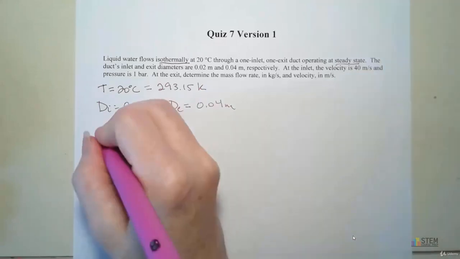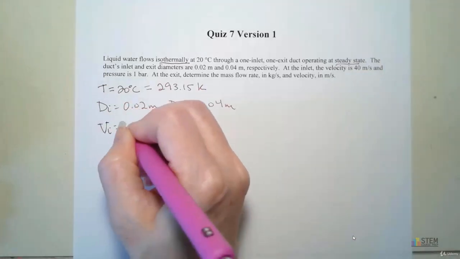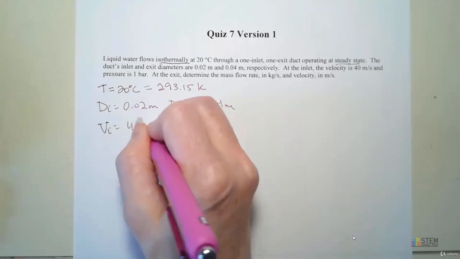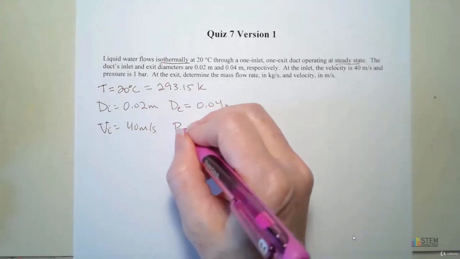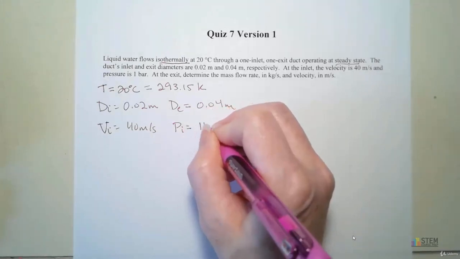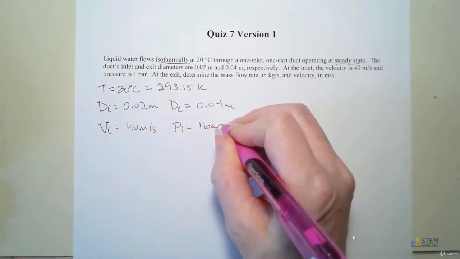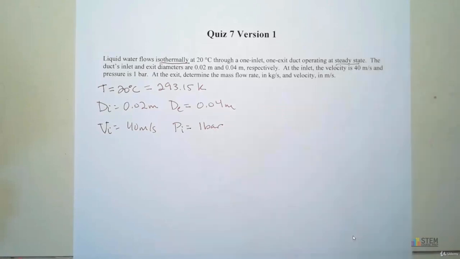Now our velocity is going to be 40 meters per second initially, and the pressure at that inlet was 1 bar. So now we've got that.